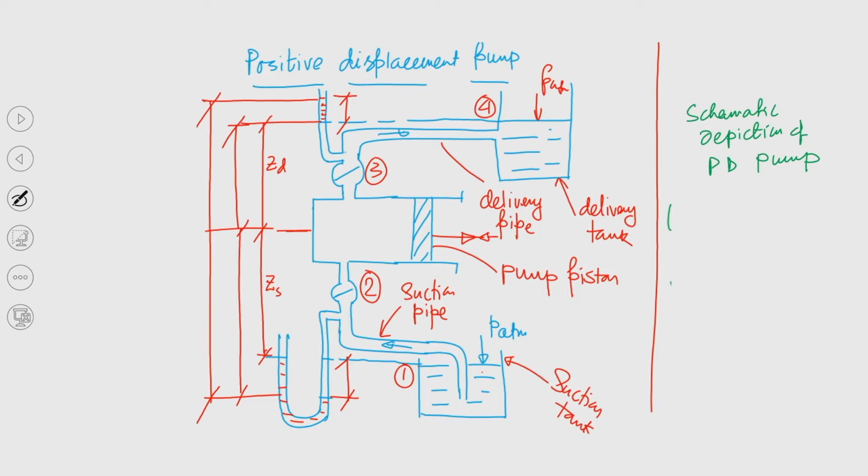We can consider the suction tank, suction pipe, valve, delivery pipe and delivery tank, including the pump. All these parts constitute together to form a system, and we consider the energy balance considering the liquid level in the suction tank as a datum.